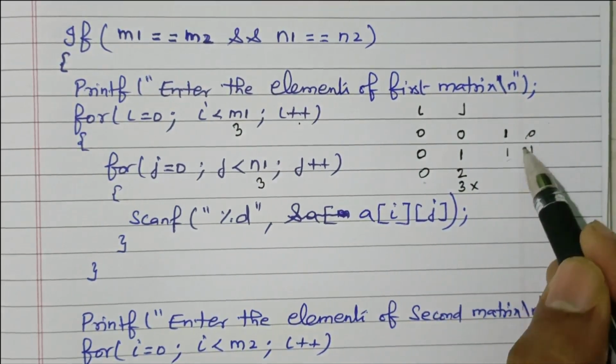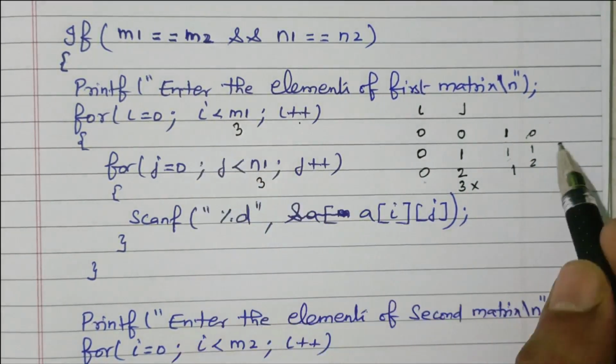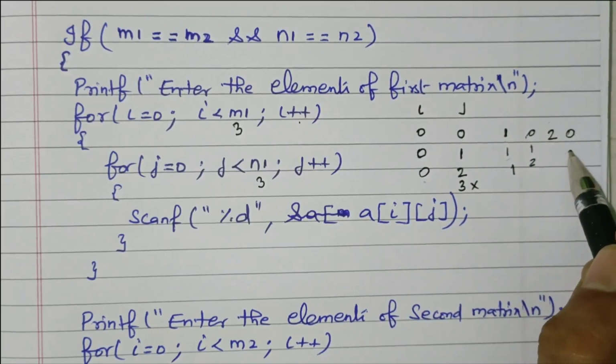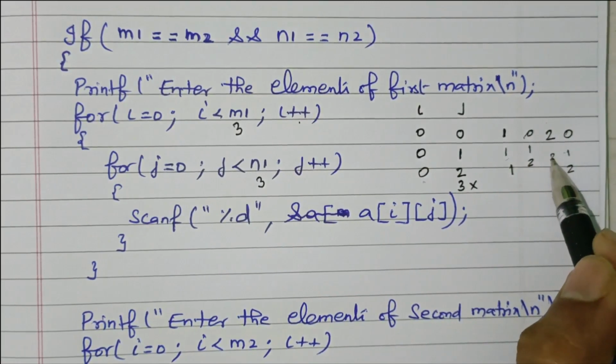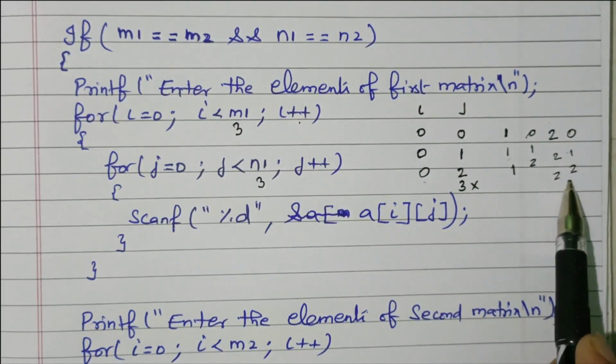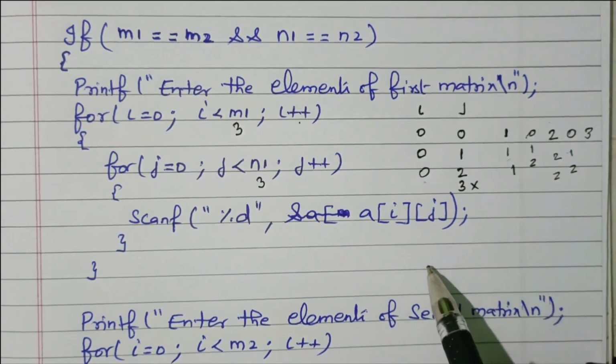That is 1,0, 1,1, 1,2 it will store. Again it is terminated. Go to the outer loop. i becomes 2. Then j goes 0, 1, 2, so the other 3 elements are stored in 2,0, 2,1, 2,2. Right? If i is 3, the loop is terminated.